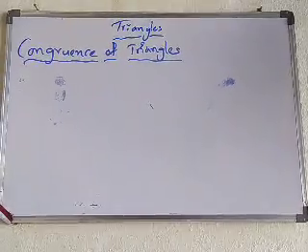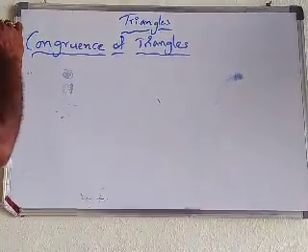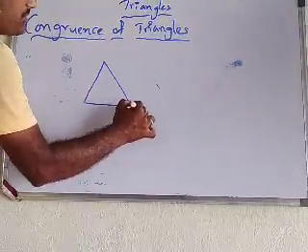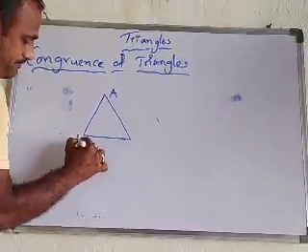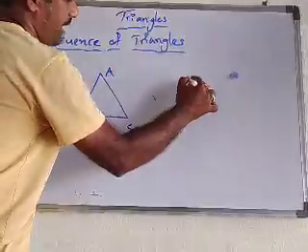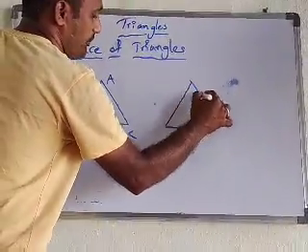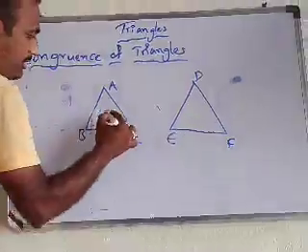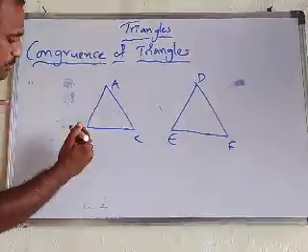Congruence of triangles. So in this congruency of triangles, let us consider two triangles here. First triangle name is triangle ABC. And let us take another triangle DEF in such a way that the corresponding sides are equal and corresponding angles are equal.